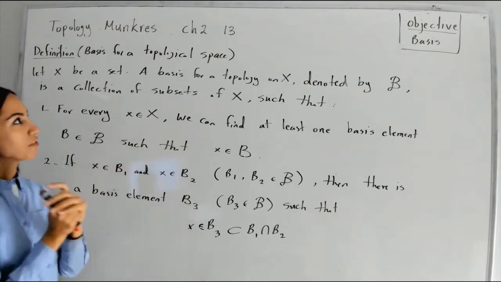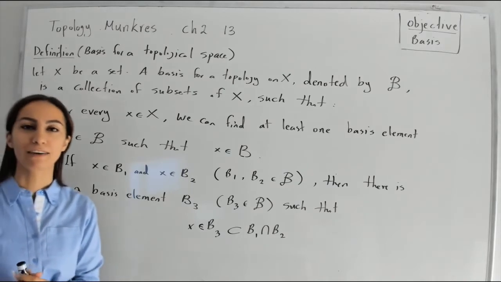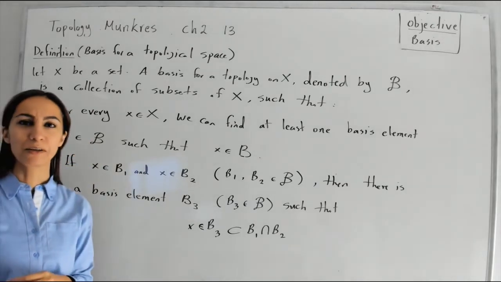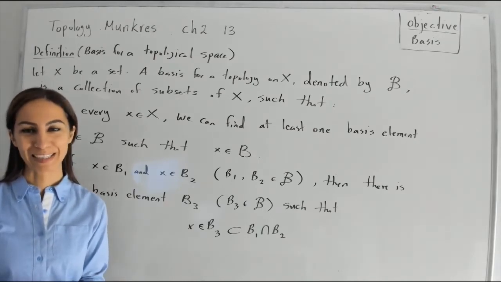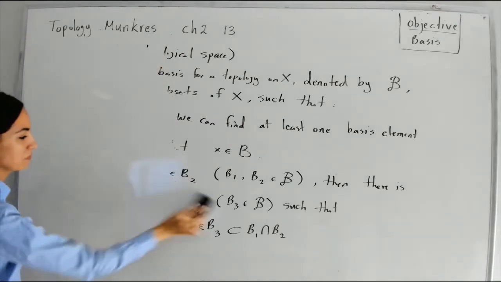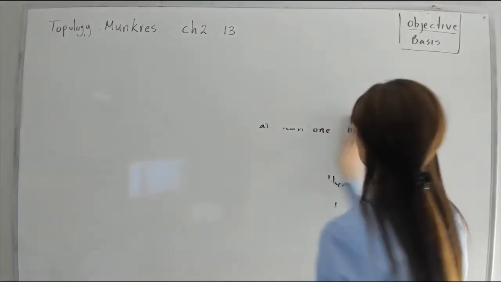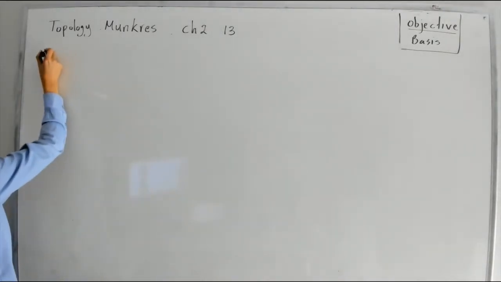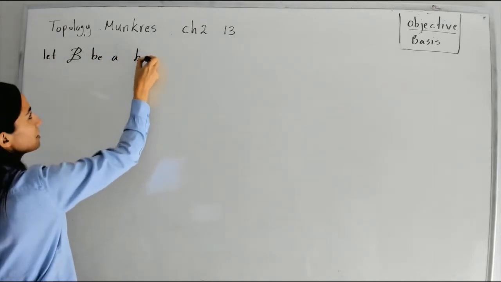So this is the definition of a basis for a topological space. Now, what if we have a collection of subsets of X that satisfy these two conditions? How do we define a topology using that basis? So let beta be a basis.